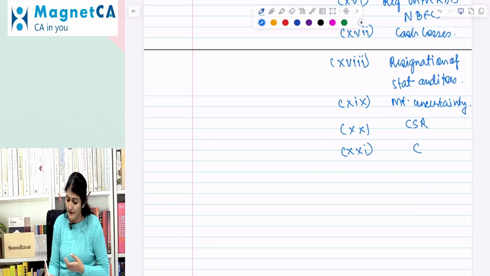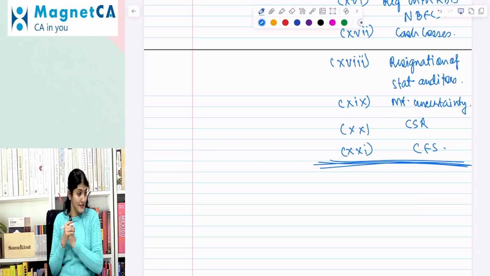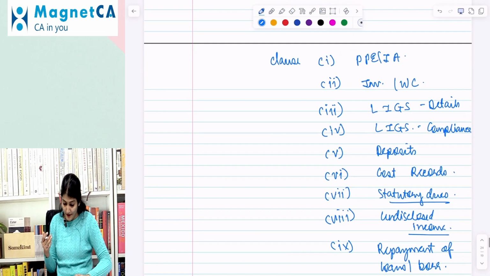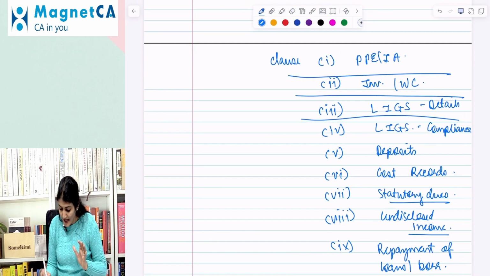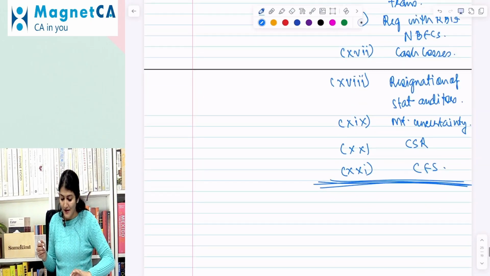And 21 is regarding the CFS, the consolidated financial statements. Oh my God, is it not like a memory challenge for all of us? Clauses 1 to 21 of the CARO.